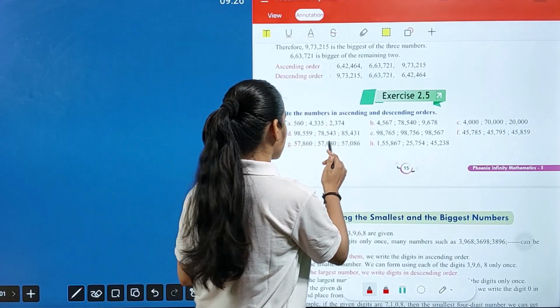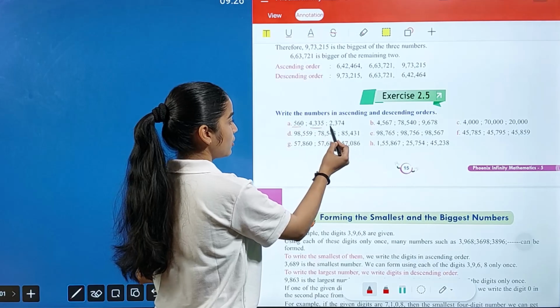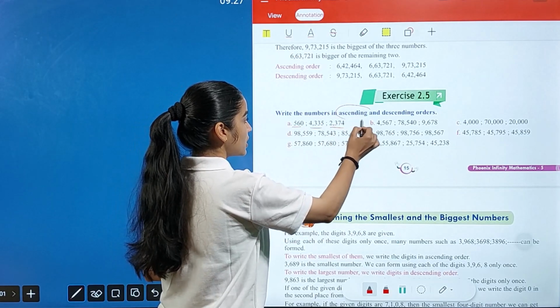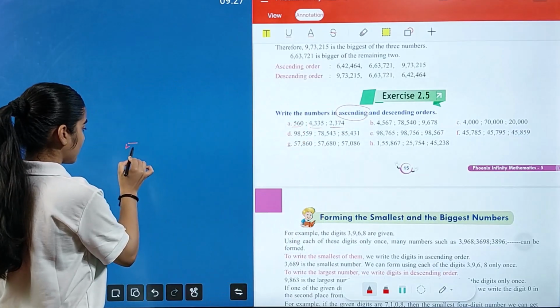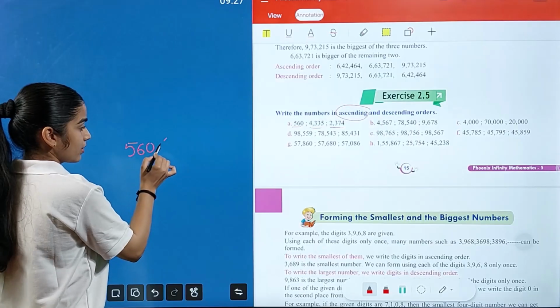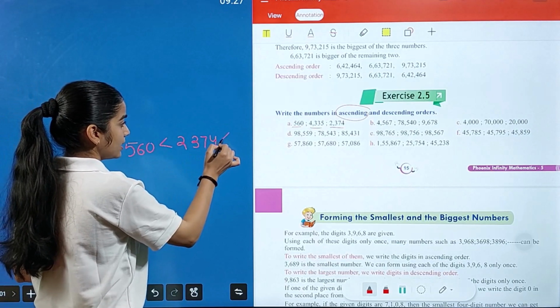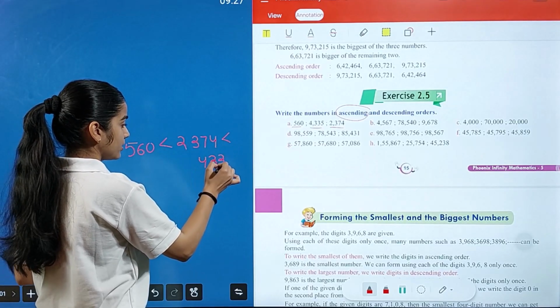So for this, if we have 560, 4,335 and 2,374, first we arrange it in ascending order. So according to ascending order, first we write 560, then 2,374 and then 4,335.